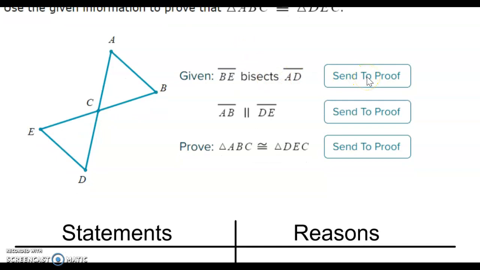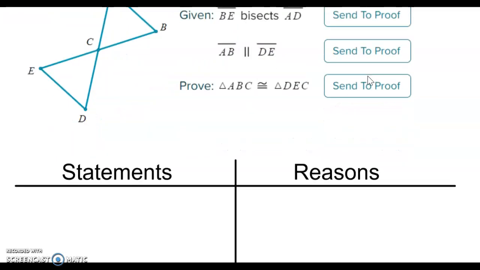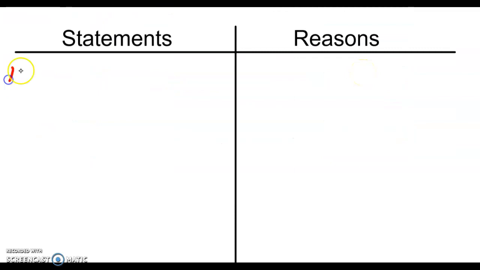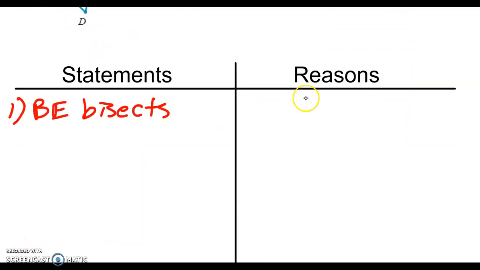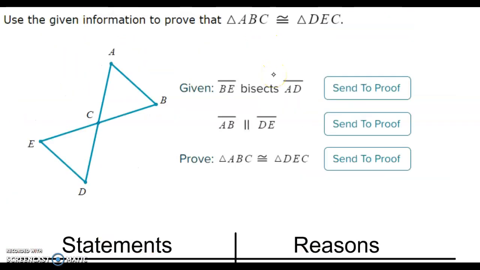So BE bisects AD. That is given. Now, we are going to have to state this explicitly later in the proof, but let's just draw this on here so we know what that is actually doing for us.